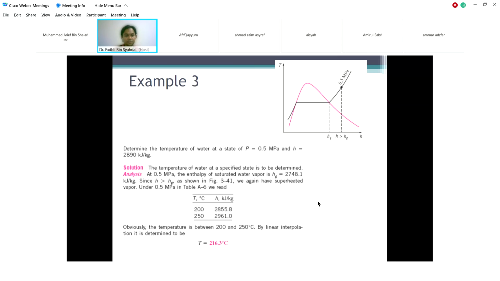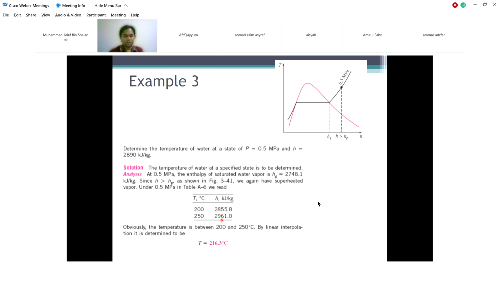So find the nearest. If you can find the exact value, it's fine. But if the table doesn't have the exact value, you have to find the nearest values. For example, as shown in my slide, the nearest values are 2855.8 and 2961.